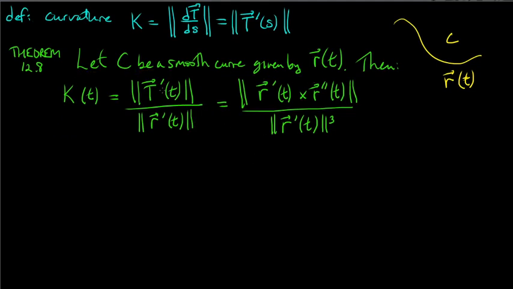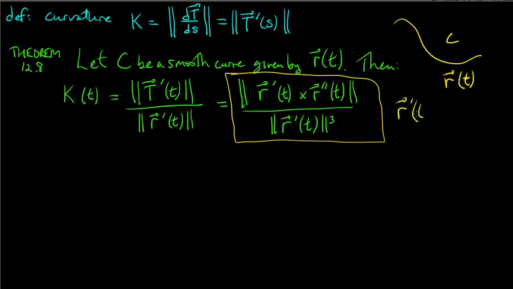And in fact, you don't even have to calculate the unit tangent vector or its derivative. You can also just use this formula here, which is in terms of the derivative of r and the second derivative of r. Remember, the derivative of r with respect to t is just the velocity, and the second derivative is just the acceleration. So when you have your position function, it's fairly routine to calculate the velocity and the acceleration, and that's all you need.